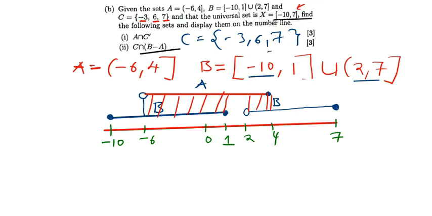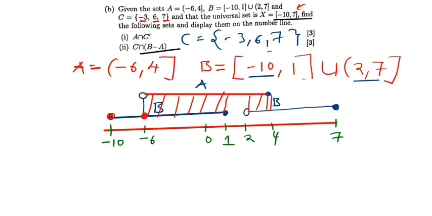This part, negative 6, is not part of A, so we can't remove it. So it will stand as it is. So this part will remain shaded because negative 6 is not part of A. So we can't remove it from B. But all the way from negative 6 up to 1, where they're overlapping, all those numbers are part of A. So we're going to remove them from B. So B so far will only run from this point up to negative 6.